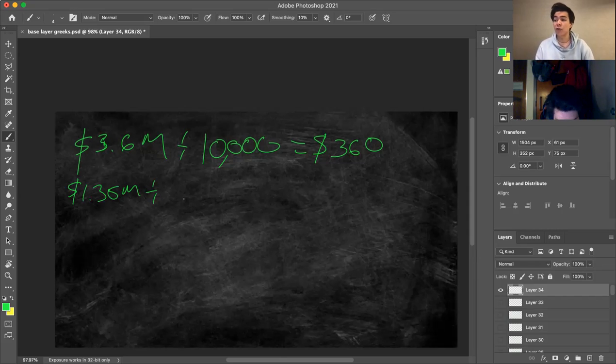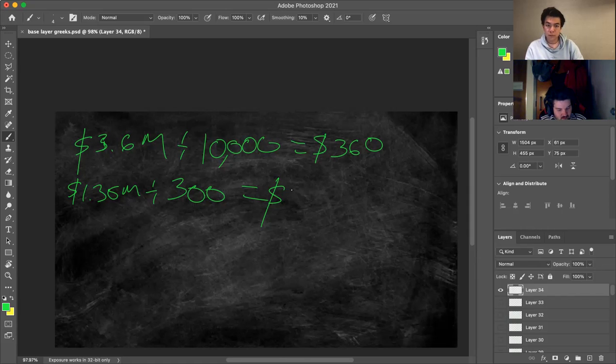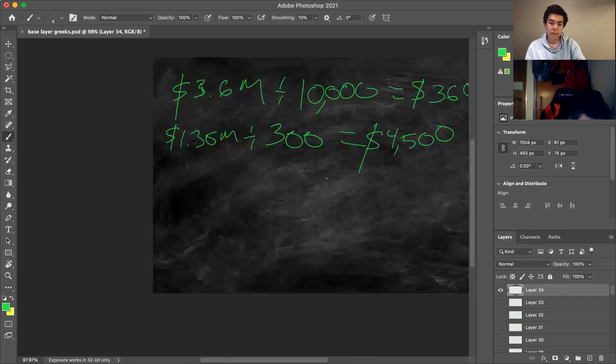Setup costs, you divide by the number of setups. That gives 4,500.